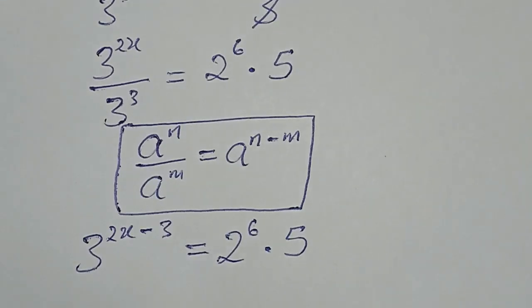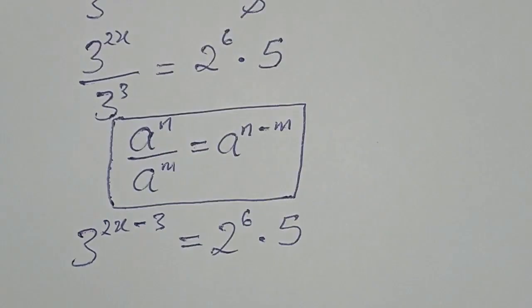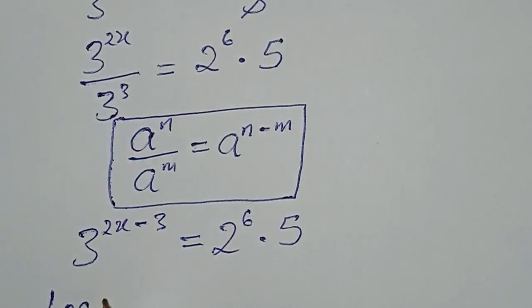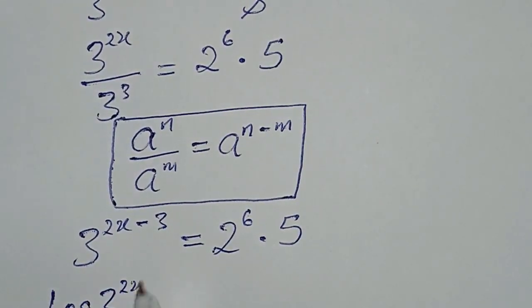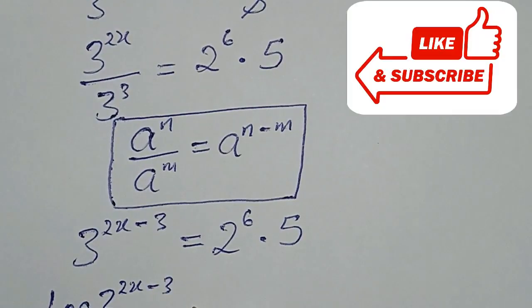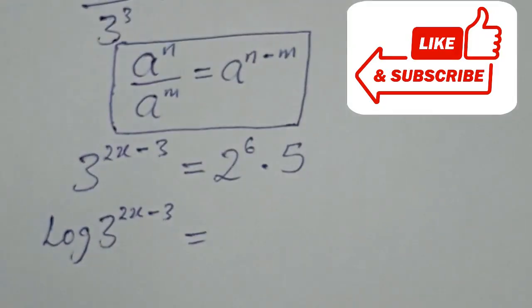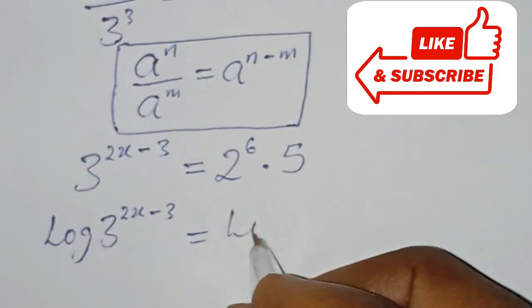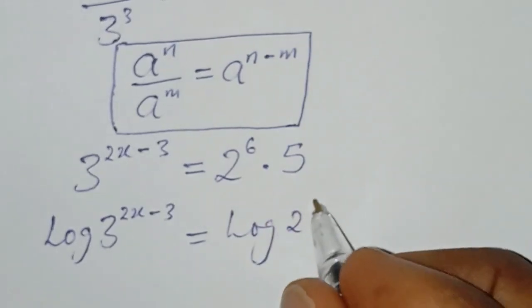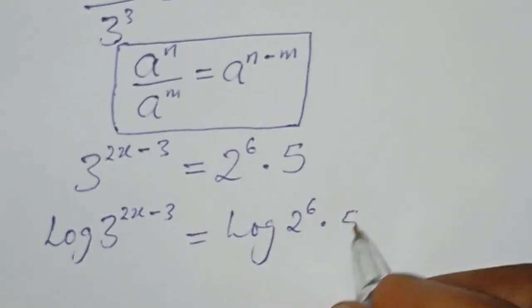Now we'll simplify this, then we can take log of both sides. Then we have log of 3^(2x-3) is equal to log of 2^6 multiplied by 5.